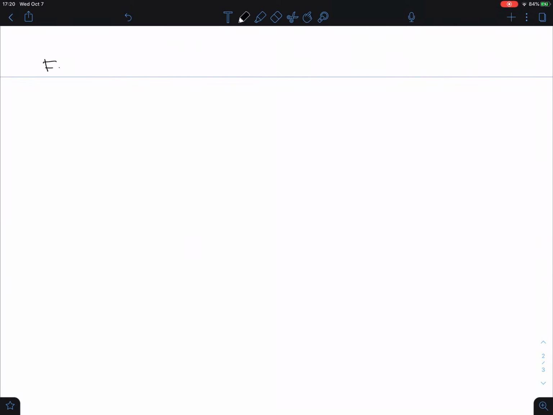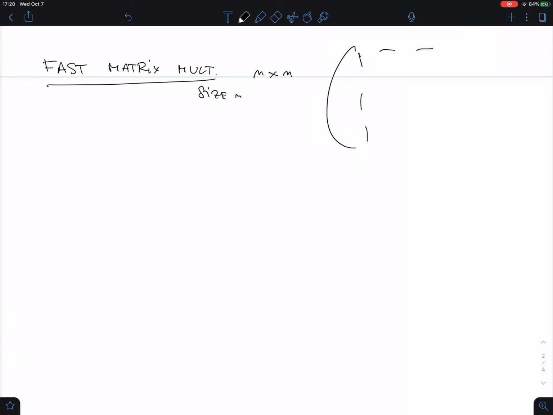Now, fast matrix multiplication. I know that not all of you know exactly what matrices are. Last time I explained it a little bit. So we have a matrix of size n by n. So there are n squared elements, a table with n rows and n columns.